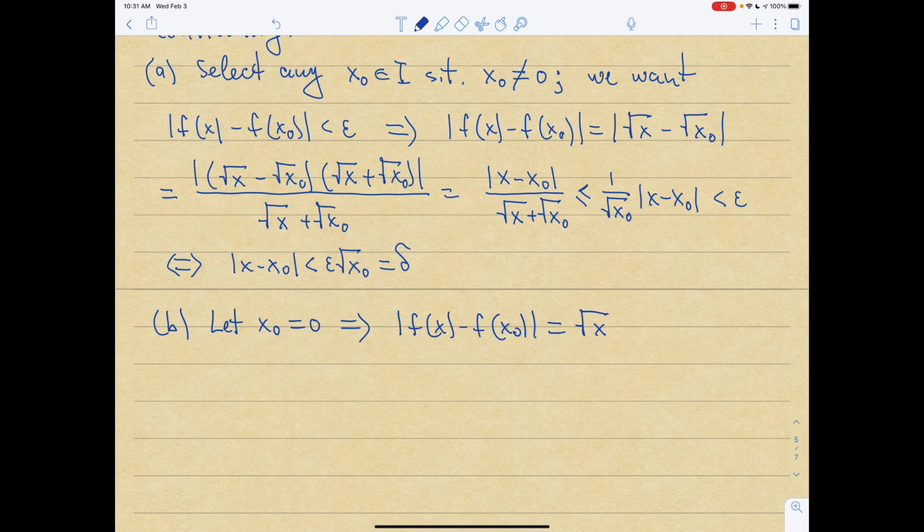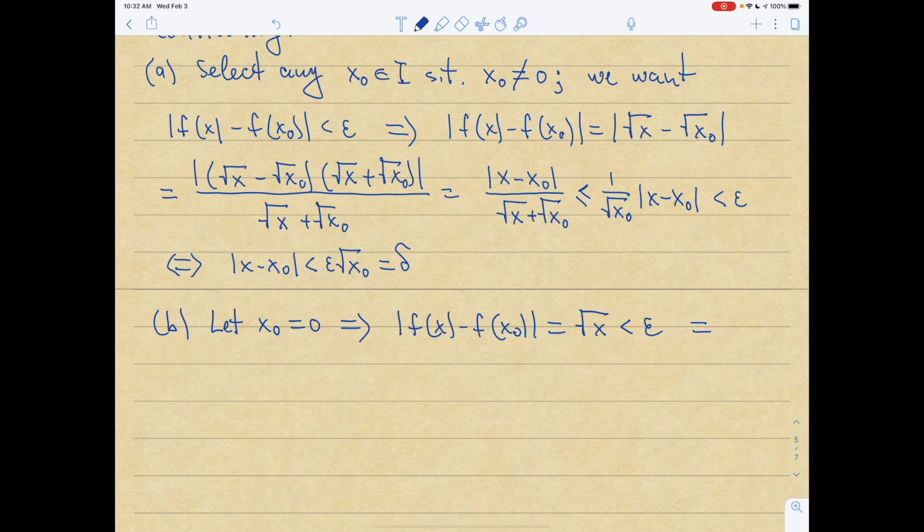Because in this case, we're subtracting 0 from square root of x, so we just end up with square root of x. And now we have to relate this to absolute value of x minus x0. x0 is 0, so we need to relate it simply to absolute value of x. So I want square root of x to be less than epsilon.